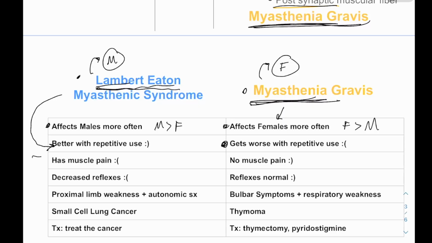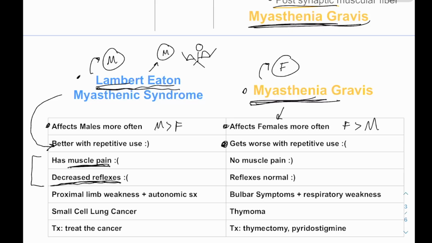The next thing that exams will ask you about is muscular pain and reflexes. The way I think about this is, again, Lambert-Eaton to me sounds like a guy's name, and I imagine a really buff guy that goes to the gym often, an extremely bulky guy, and because he goes to the gym often, he has more muscular pain. And because he's so bulky, his reflexes are decreased.